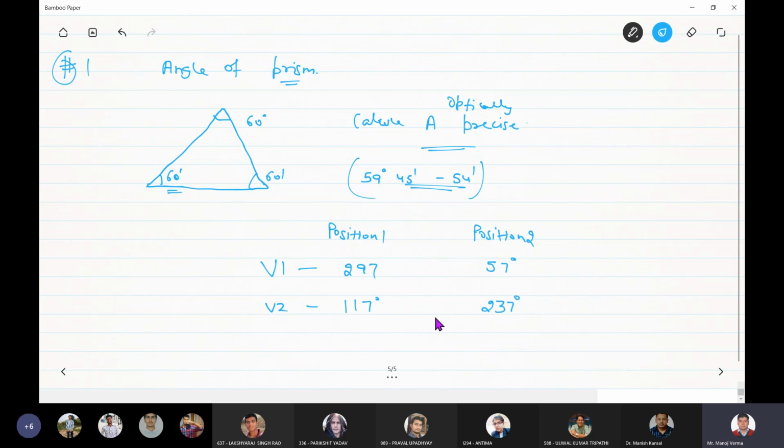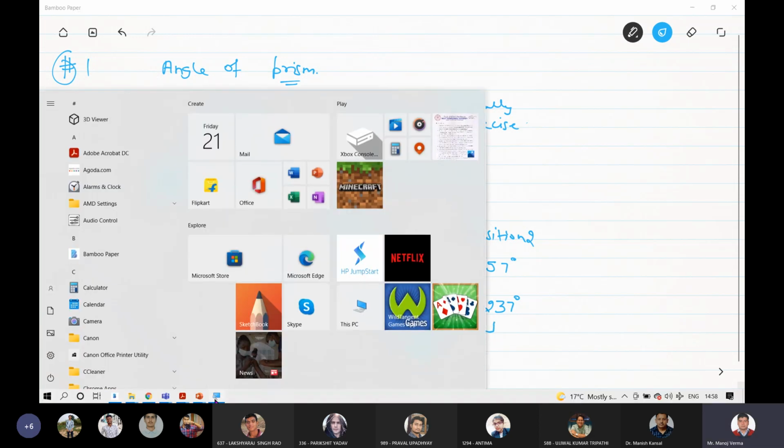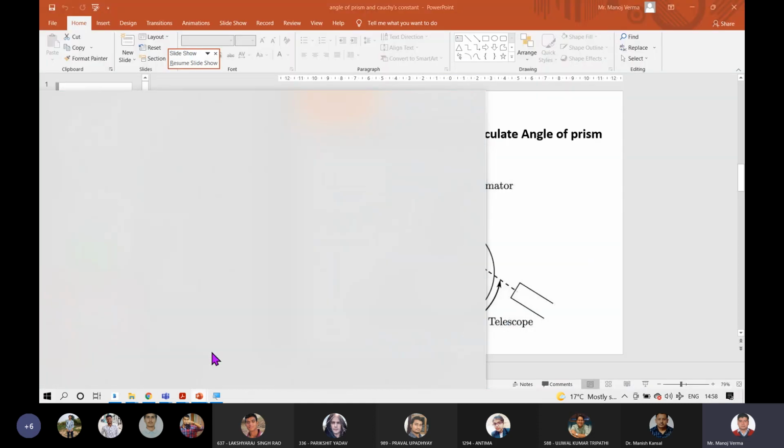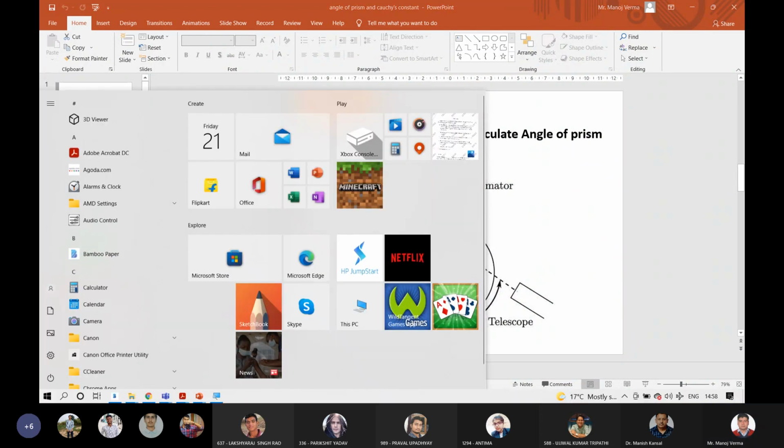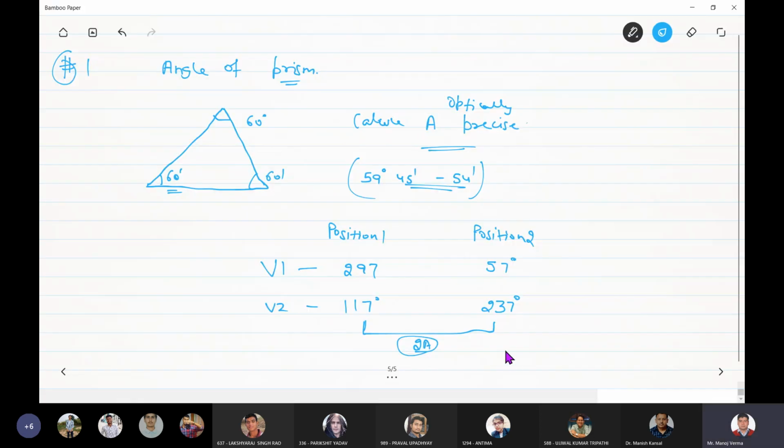Okay, as seen from the figure, this corresponds to 2A. I have just calculated this angle, the angle between the two positions of the telescope. This is 2A. If I subtract, it will be 237 minus 117, which is 120 degree, right?